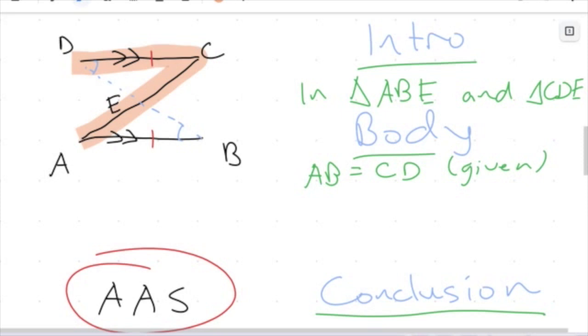If I just trace out this here, I can see I'm making the letter Z. There is something important about angle relationships with these little inner angles, and that is that these are always equal. We call these alternate angles. Let me draw in this angle here. So my two angles here are actually equal.